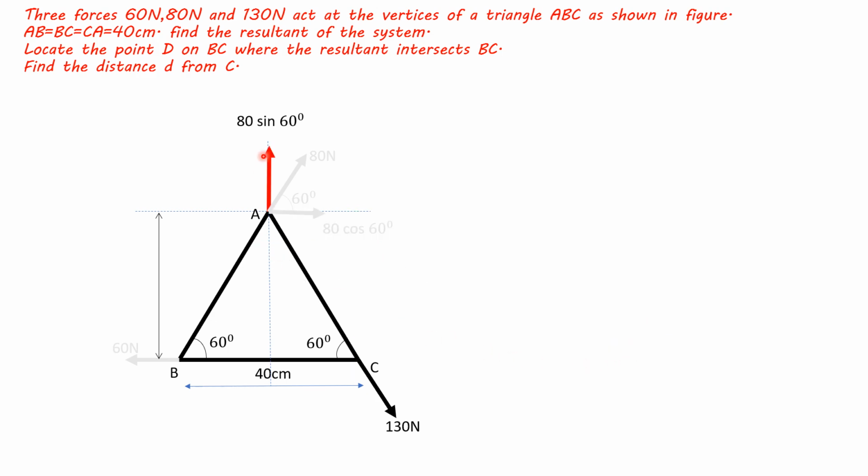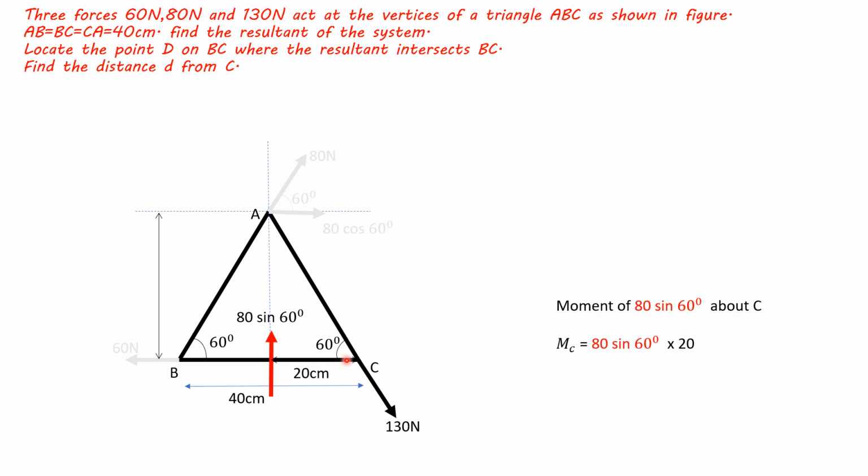Now taking moment of this force component, it will pass through point A, and it will have perpendicular distance about point C as 20, half of 40. So it will also be a clockwise moment, 80 sin 60 degrees into 20.